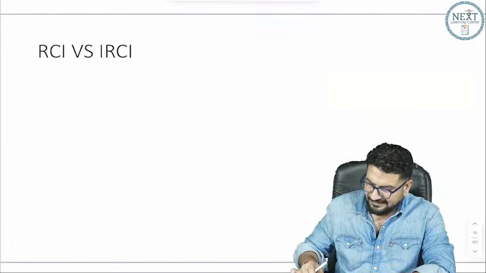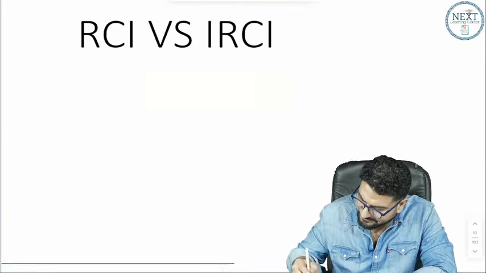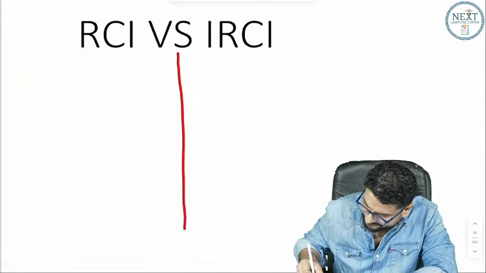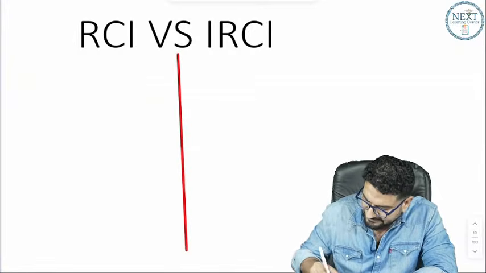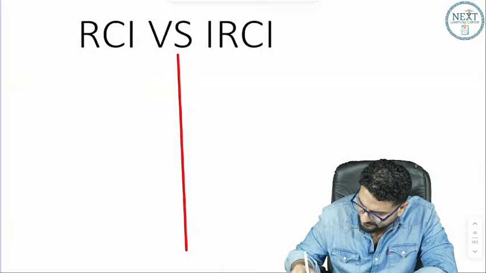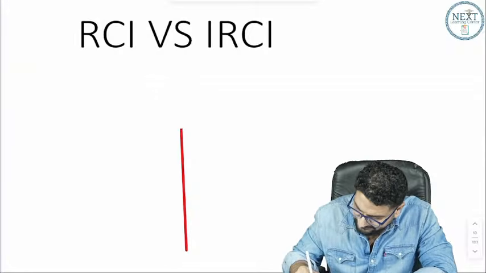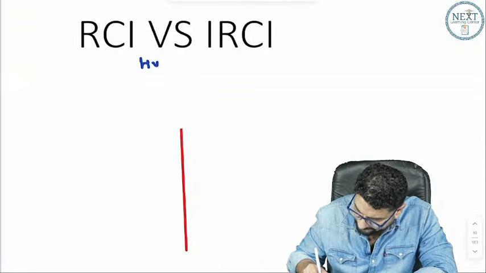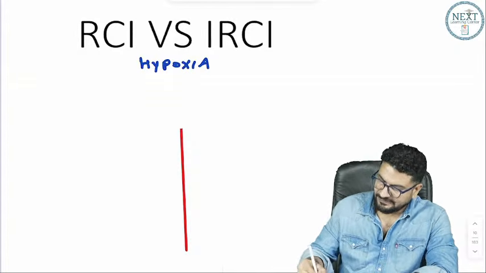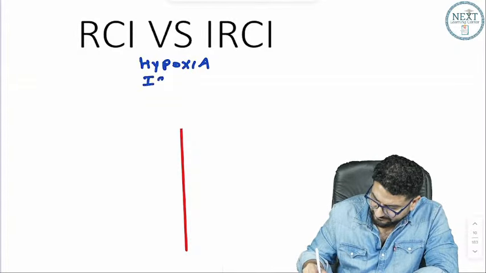So here I'm writing RCI versus IRCI, meaning reversible and irreversible cell injury. Let us compare these two, and before the comparison, let me talk about the similarities. Similarities you can see, like the most common cause for both will be hypoxia. Whenever there's hypoxia, that can lead to ischemia.